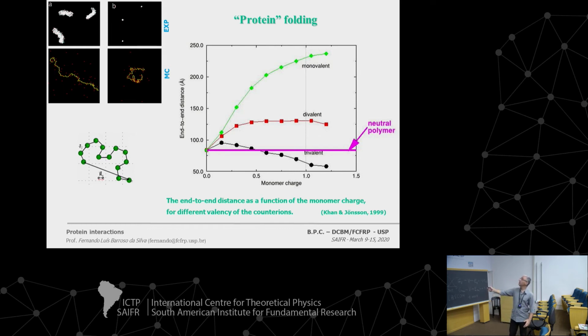If they are monovalent, of course, we're going to see an expansion of the chain. But in the presence of divalent, you can see that there is already a reduction. They start to shrink. And even when we go to trivalent, the size of my polyelectrolyte chain, the end-to-end separation, is smaller than a neutral polymer. So again, another example of the ion correlation effect.